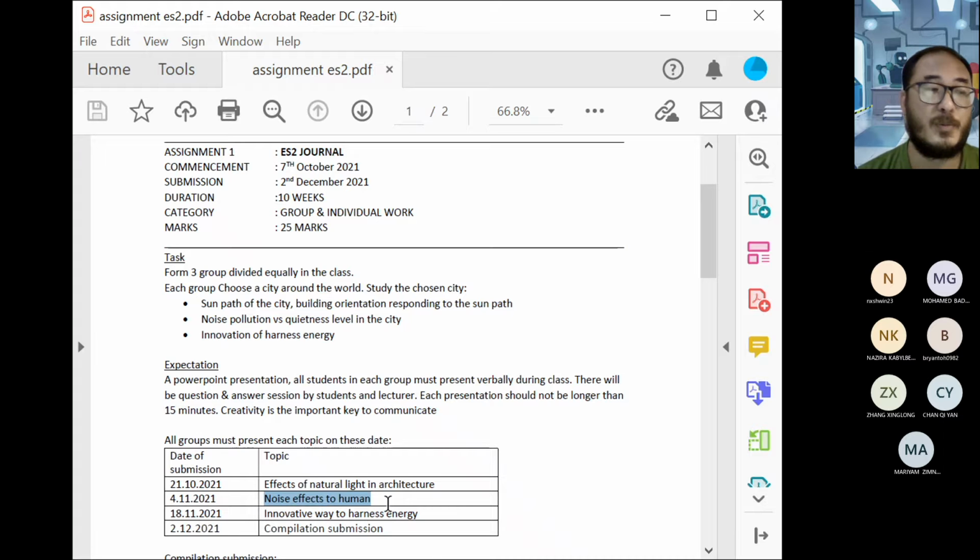But if, for example, one of you does something different in terms of latitude, maybe one of you chose a city or a country in the southern hemisphere, like Chile or Argentina or Australia, then the sun path is very different, and the solstice and equinox are also at different timing. Then you can see very different information.